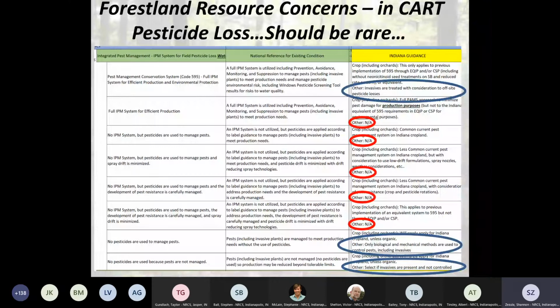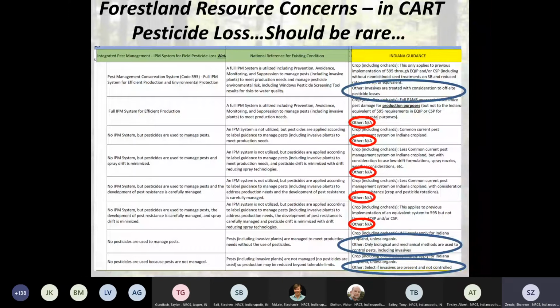So I'm here to say, for the most part, as a conservation planner, invasive species control likely is not a pesticide loss risk. Typically, yeah, we might be hitting those things for 3 to 5 years, but it's not like a crop field that is getting multiple annual passes of pesticides. That resource concern is more geared toward our cropland.